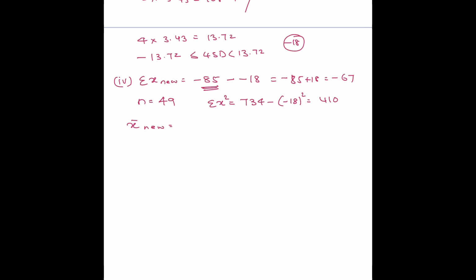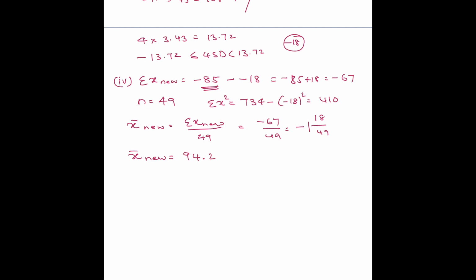So x bar new is sigma x new divided by n new, 49. So this is negative 67 over 49. x bar new is, we had 94.2, correct?